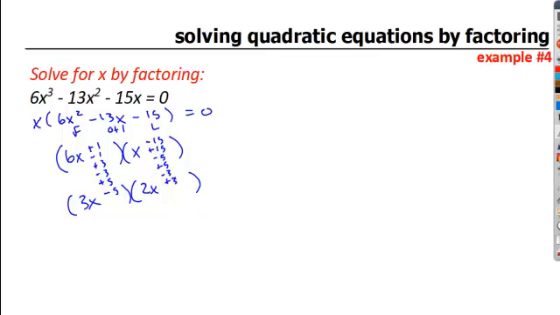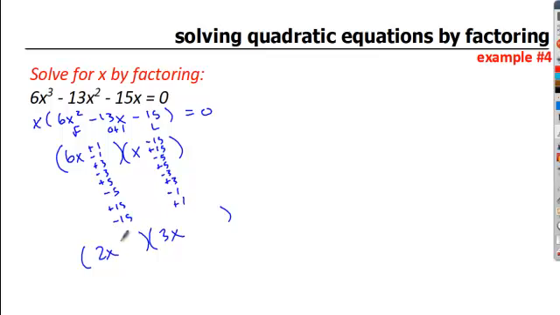And then, one last one: plus 15, negative 1, negative 15, plus 1. All right. So in looking at these, we'll do the same thing with the 2x and 3x.